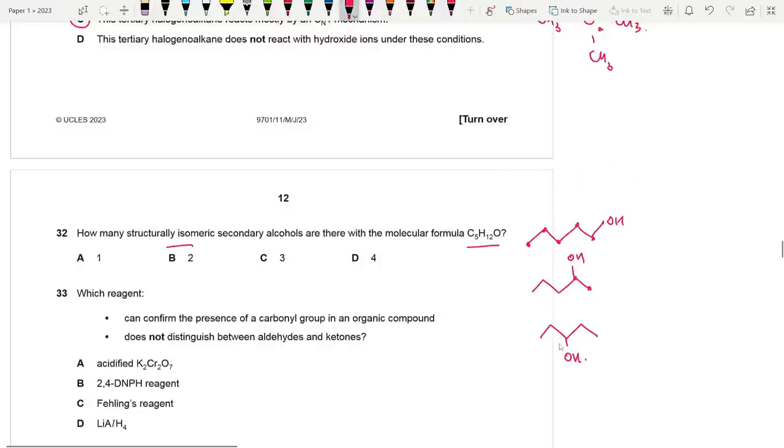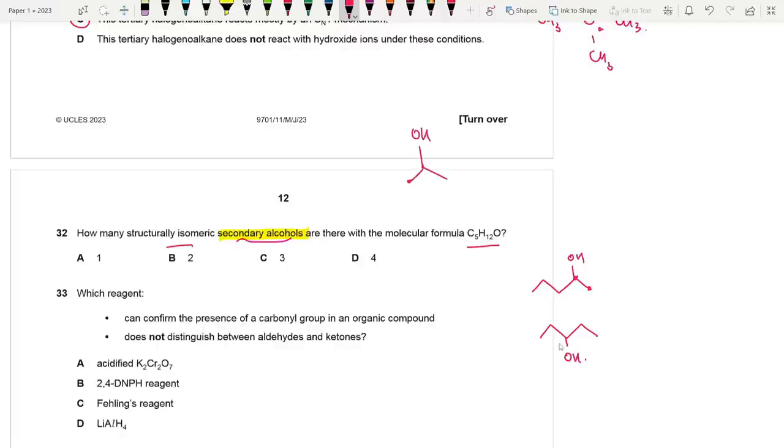Okay, next branching now. So structural isomers though. Oh, we can only use secondary alcohols. Sorry, I did not see that. So only secondary alcohols. So this is excluded. These two count. Next, I can keep the OH over here and do some branching.